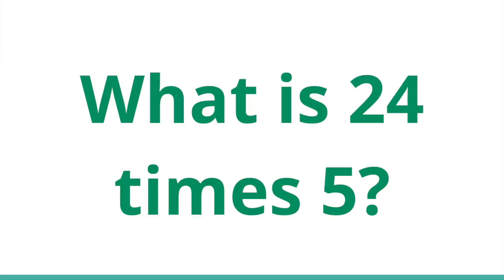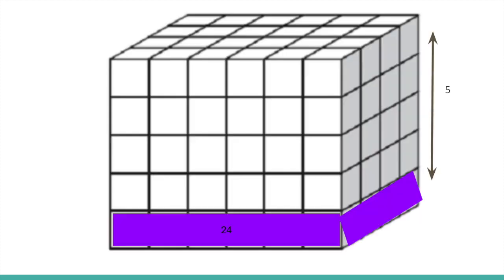So what is 24 times 5? It's 120. That means the volume of this prism is 120 cubic units. We can fit 120 cubes into this shape.